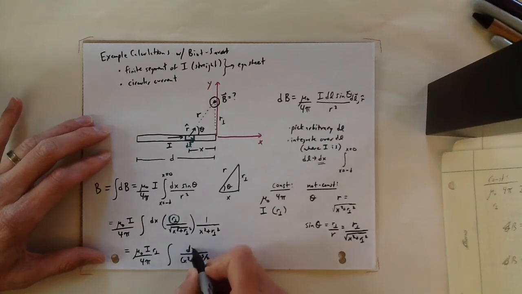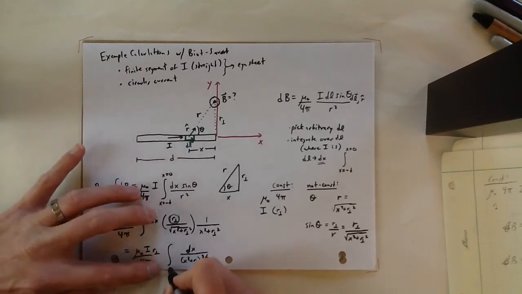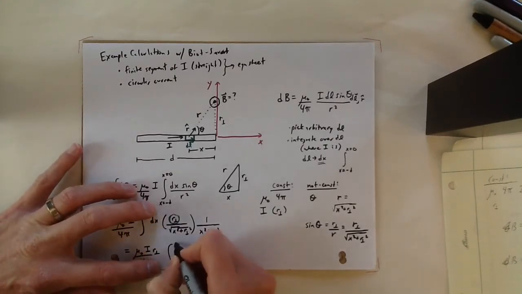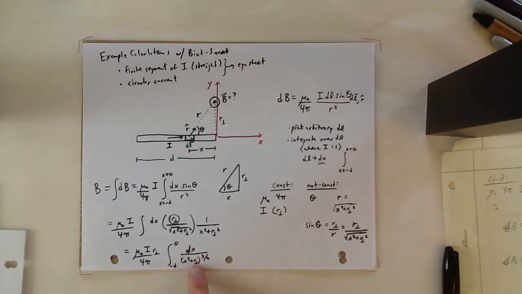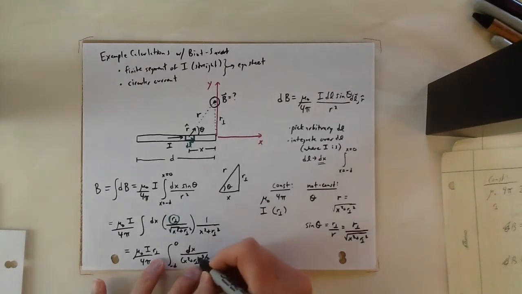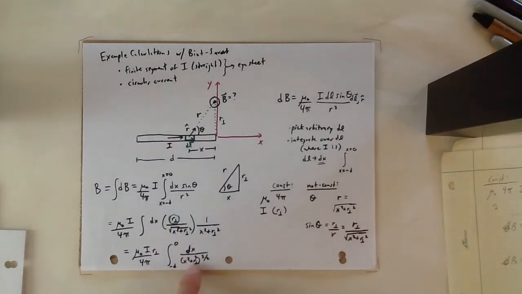And dx. And I'm going to integrate from minus d to 0. So now I've got something that looks like it's from math class. I'm clearly going to integrate over x. I've got this constant that's stuck in there. Oops, I forgot there's a square in there still before I raise it to the 3/2 power.